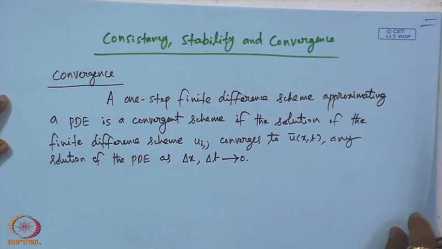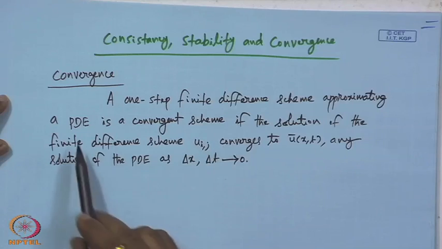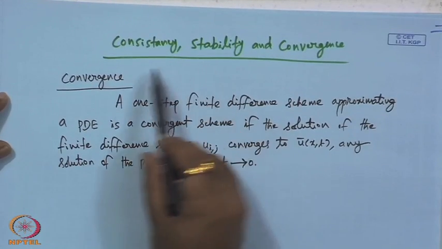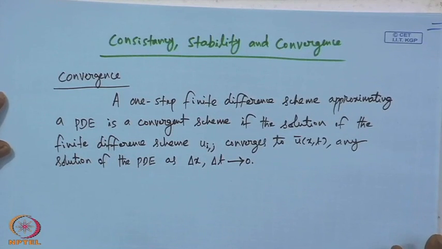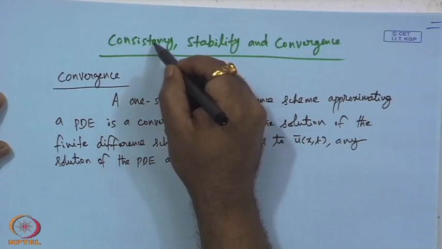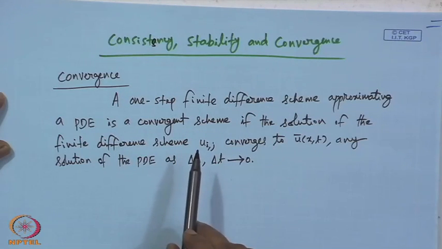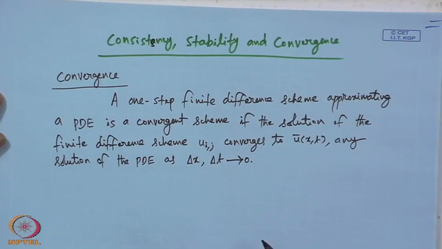Once we talk about convergence, there are two more, stability and consistency. If you see stability of a method, for example, suppose somebody is a little perturbed, it is okay, but if somebody is more perturbed, then definitely we say the person is not stable, or the system is not stable.